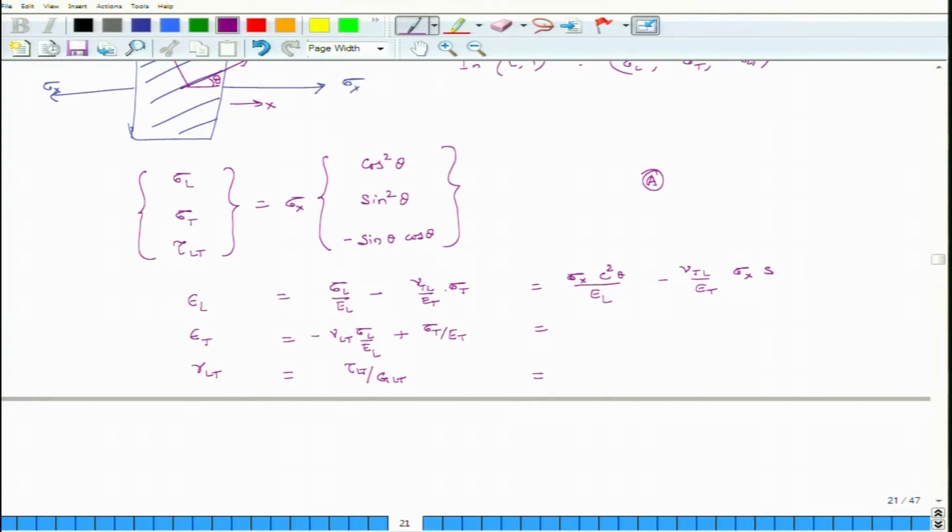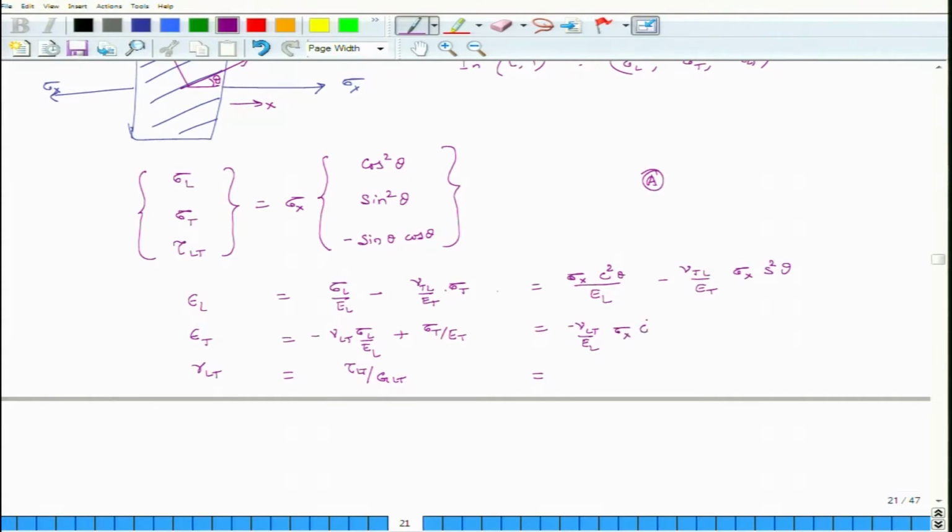So, sigma x sine square theta, and then the third component will be 0, because there is no component of sigma tau LT. Okay. The transverse strain epsilon T is what? It is minus nu LT divided by EL times sigma L, and what is sigma L?